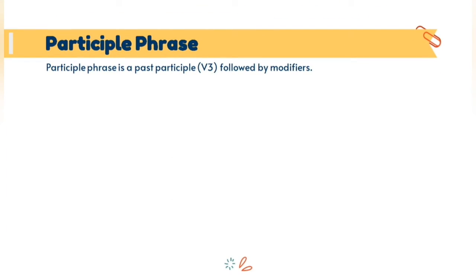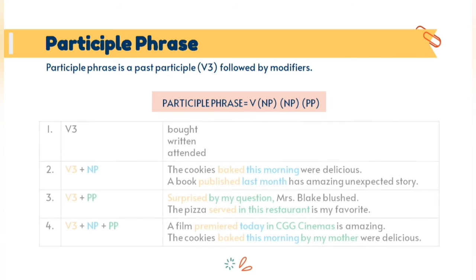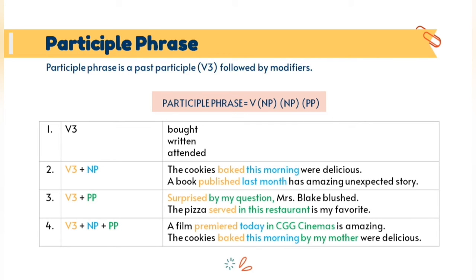Participle phrase. Participle phrase is a past participle, verb 3, followed by modifiers. Then modifiers can be noun phrase and prepositional phrase. Here are the examples. Verb 3: book, written, attended.